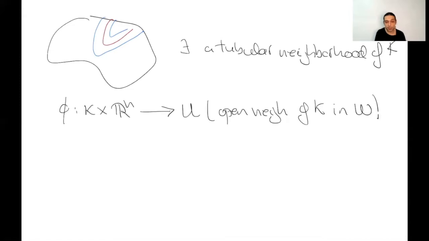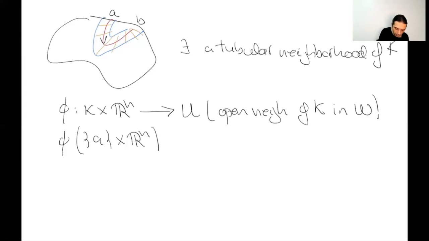Moreover, by the properties that a tubular neighborhood has for a neat submanifold, if we call, for instance, this point here A and this point here B, what's going to happen is that the image of A times R^n is going to be a neighborhood of A in the boundary of W. If we consider here the retraction given by the tubular neighborhood, here we have T_A, the fiber of A, and here we have T_B.